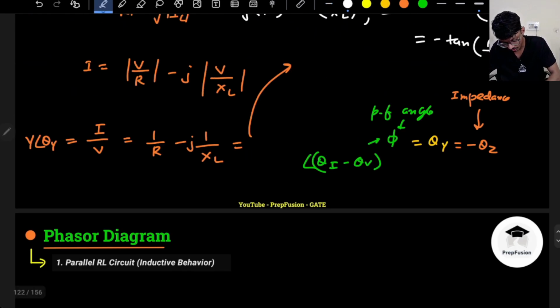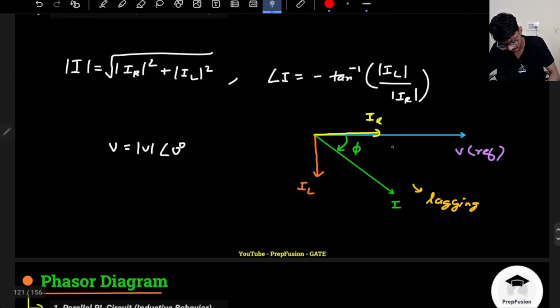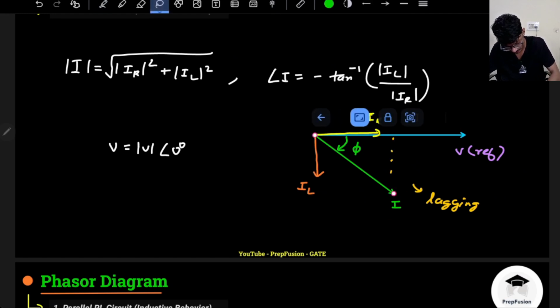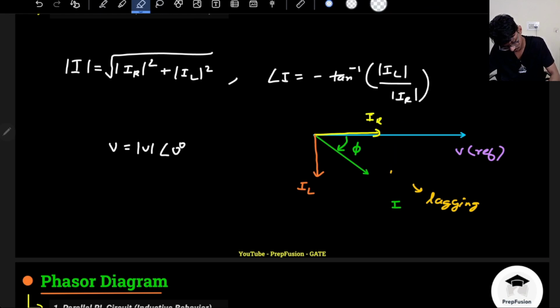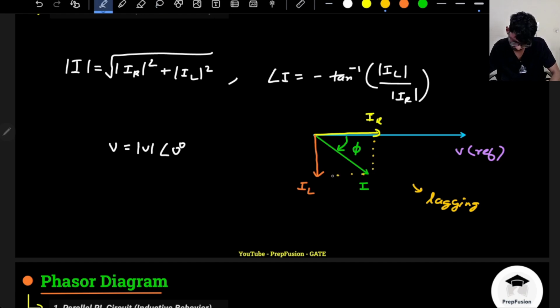Or from the phasor diagram also you can see with the triangle. What will be cos of phi? This is the hypotenuse of the triangle. Let me just reduce the size of IR.